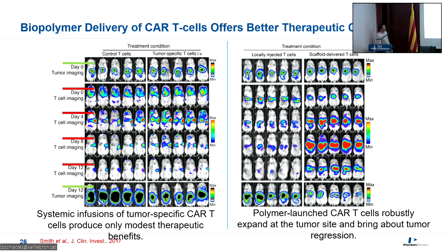But using a specific scaffold, which is composed of collagen and alginate, you will see that the cells will be able to expand way more, and the impact you will see on tumor growth is way higher than the impact you could see when it's directly injected into the tumor or IV injected. So here you can see they expand way more. So we have way more T cells expanding thanks to this material.